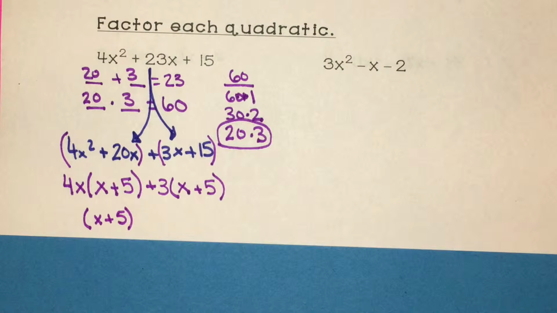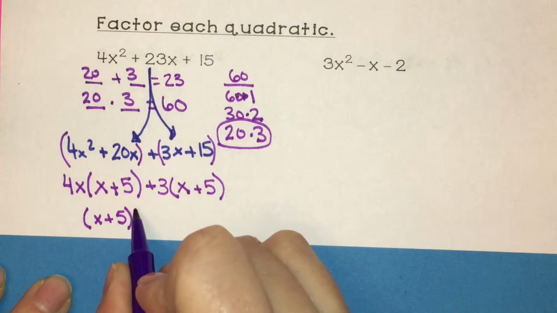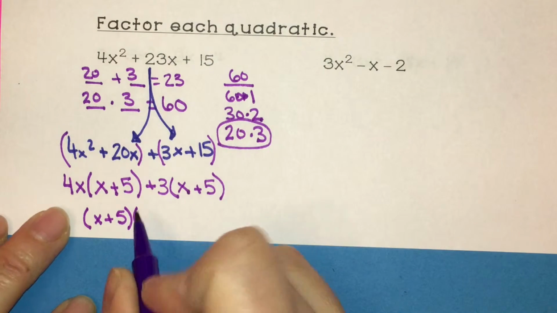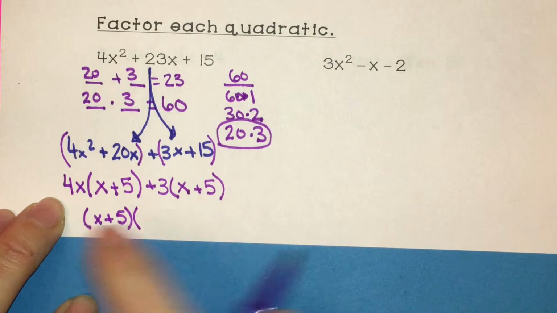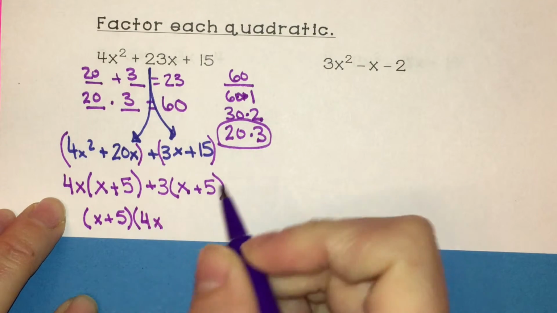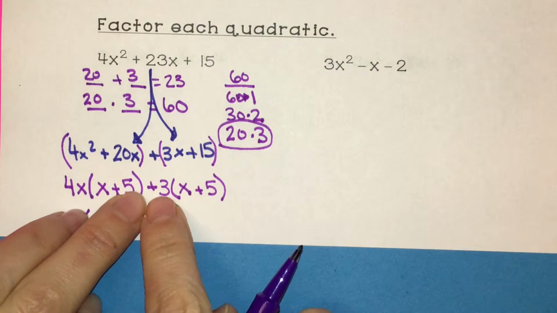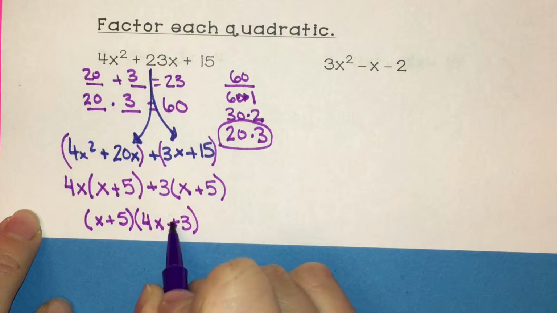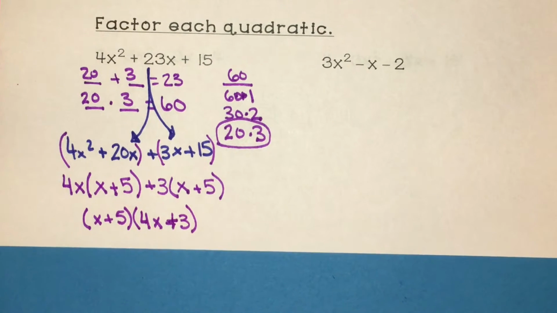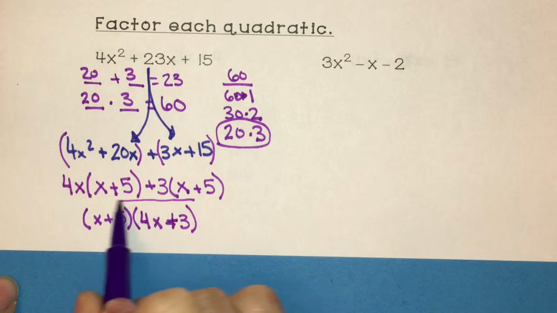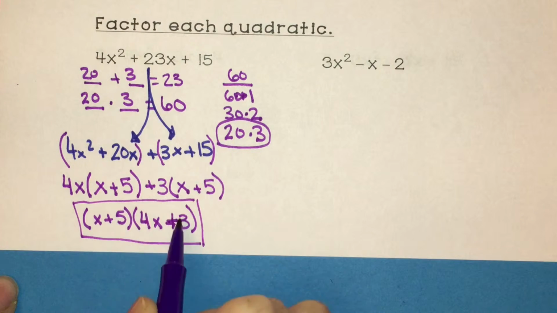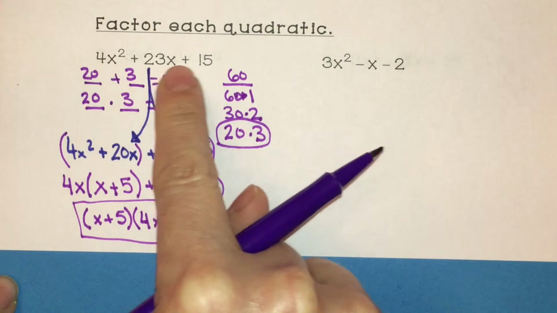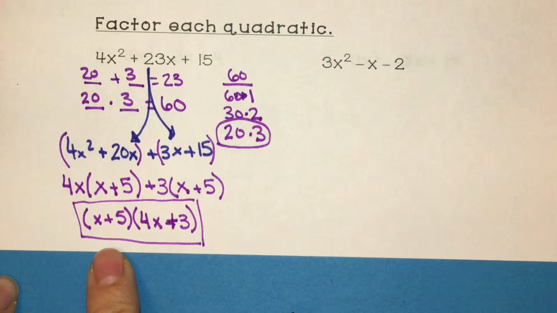When you factor out the greatest common factor, you multiply it by what's left over. x plus 5 was originally multiplied by 4x, so I'm writing that down. And x plus 5 was originally multiplied by 3, so I bring down this plus 3. So it's x plus 5 times 4x plus 3. And if I re-multiply, I can use FOIL, and I will get this answer up here. So this is 4x squared plus 23x plus 15 factored.